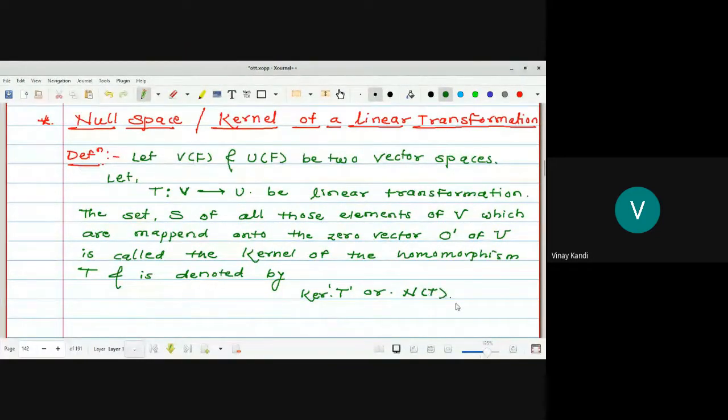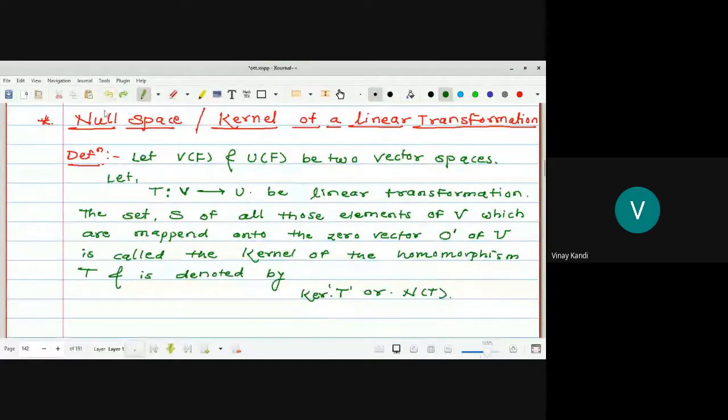So what is the definition of null space? Let V over F and U over F be two vector spaces, with T from V to U a linear transformation, that is a vector space transformation. The set S is the collection of all those elements of V which are mapped onto the zero vector of U, the zero vector of our codomain.